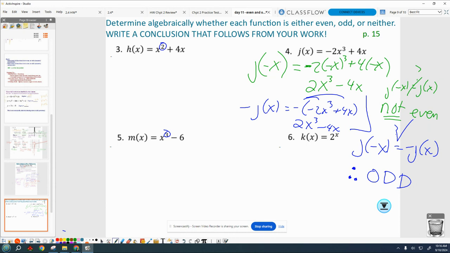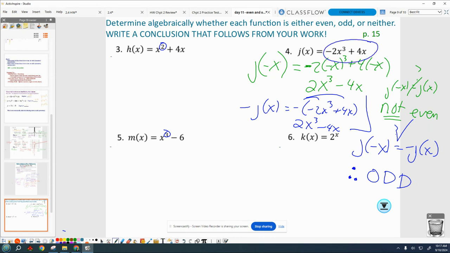Leo, what's your question? So when we said the last part, that negative j of x isn't equal to the last part of j of negative x, but for number 3, it was, is negative j of x equal to the first part of the, you know what I mean? Okay, so is it even, says the original thing.